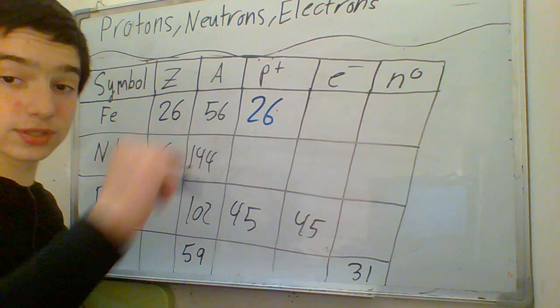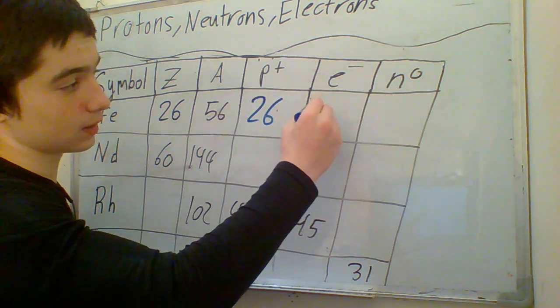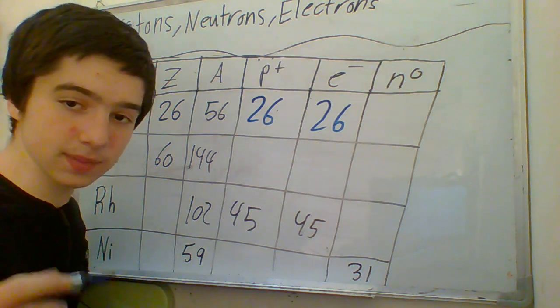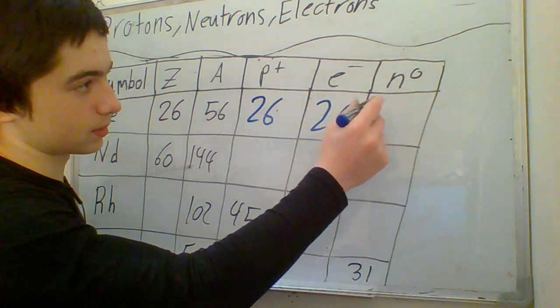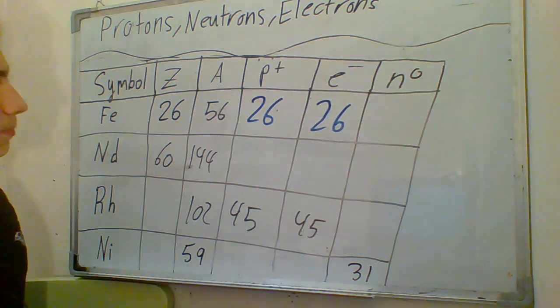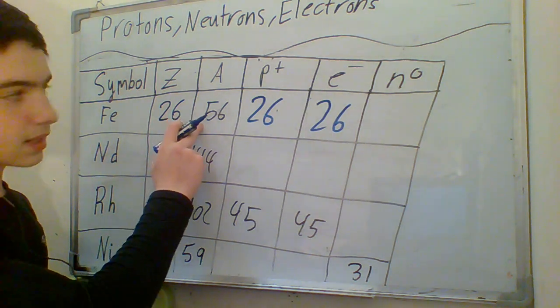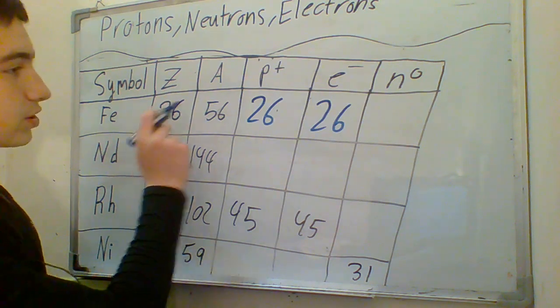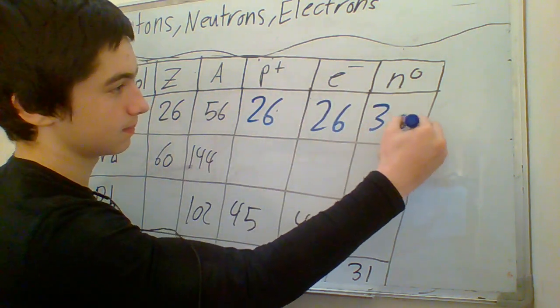And for the electrons, because it's also neutral, we use the same idea, it equals 26, because if it's a neutral element, the electrons will equal the atomic number. For neutrons, simply take the atomic mass and subtract from it the atomic number. When you subtract that, it will equal 30.